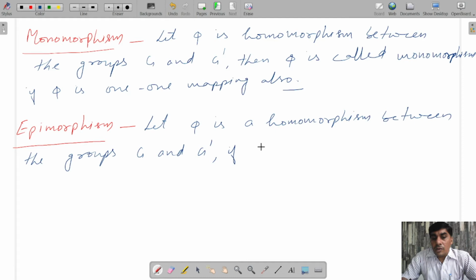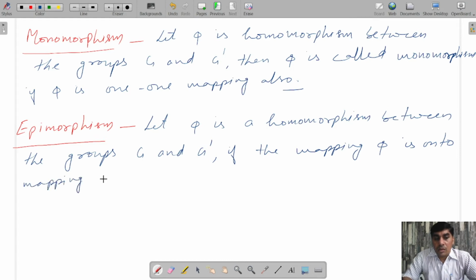If the mapping phi is an onto mapping, then it is called an epimorphism.